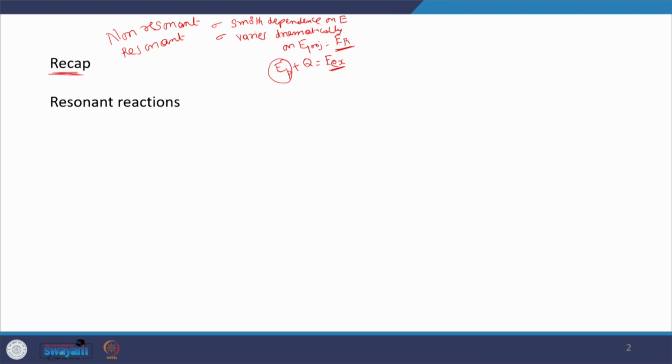And I have written an expression for the cross section of a resonant reaction, considering it as a two-step process. I have also assumed the collision between the projectile and the target nucleus in terms of the momentum of the projectile and the impact parameter, and then for different values of orbital angular momentum, we have seen the maximum possible cross section for each value of L is nothing but 2L plus 1 into pi lambda bar square.